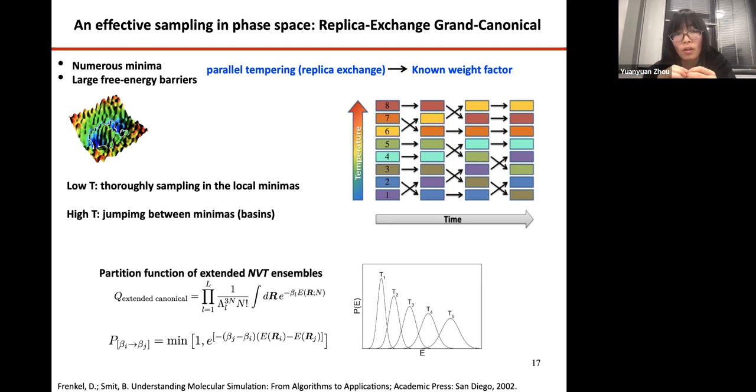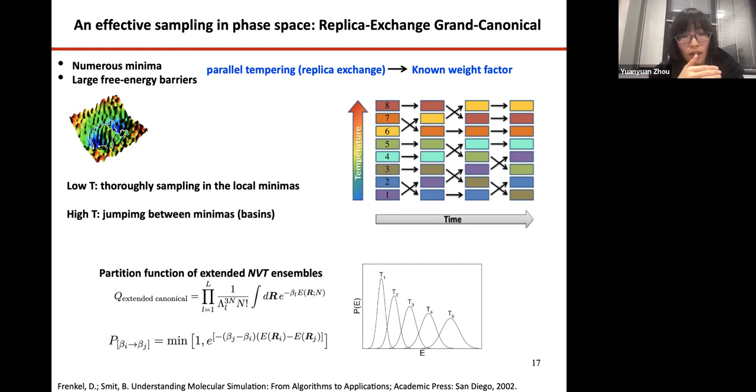Also, high temperature replicas overcome barriers easily and may not sample thoroughly within a local minimum. If they have a chance to go to low temperatures, this improves the sampling inside local minima, because a local minimum is not one configuration, there are still many.